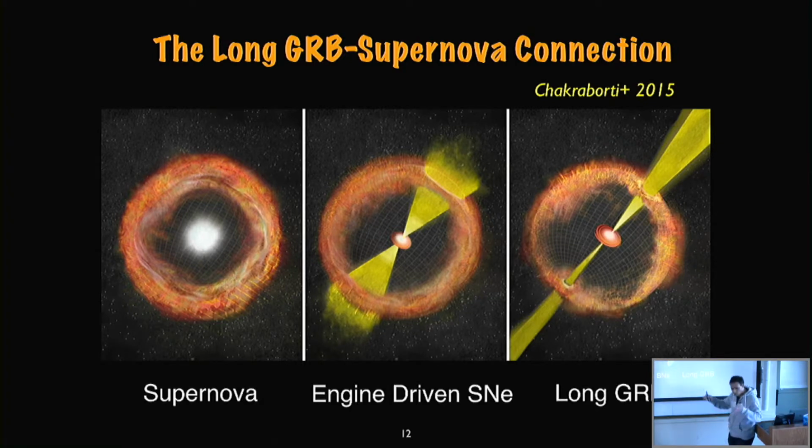And instead of going through different theories, I'll just give you this picture where we know that GRBs and supernovae are both explosions of massive stars. But there are certain differences. Supernovae are non-relativistic expansions and spherical explosions, whereas GRBs are collimated explosions and relativistic outflows. But then we have discovered a few things which sit in between. We tend to call them engine-driven supernovae.